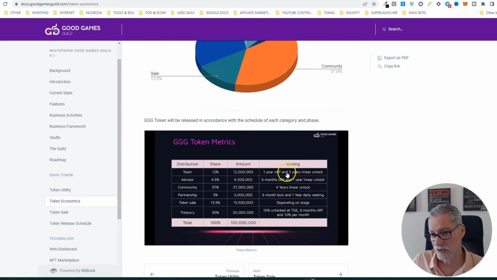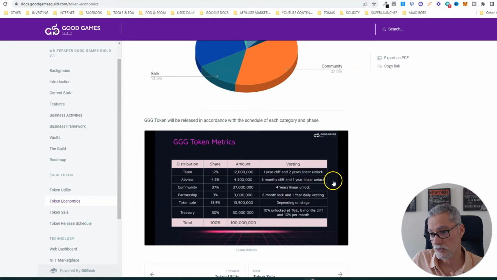And then after that, for the team, you have a 2-year linear unlock, and for the advisors, a 1 year linear unlock, meaning that for the team, you will have a total vesting period of 3 years, and for the advisors, 1.5 years. So this means that there will be a long-term commitment, and the team and the advisors will only be able to take advantage of the tokens that they are entitled to after this period.